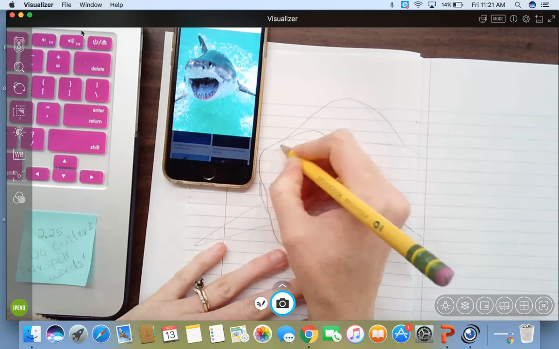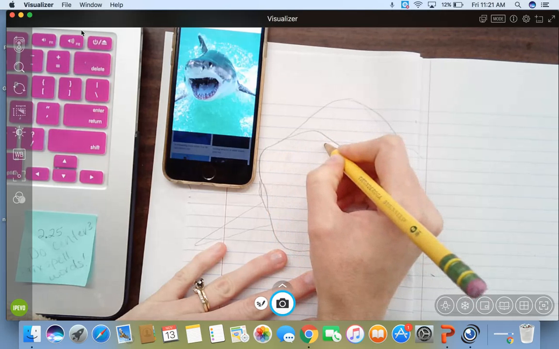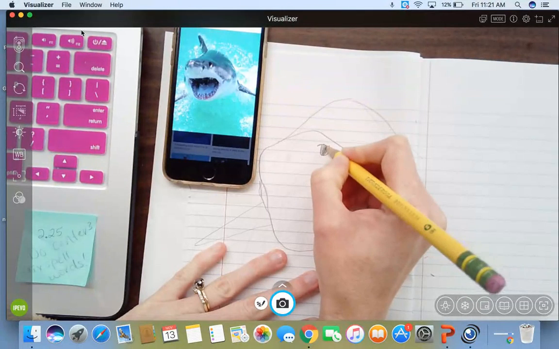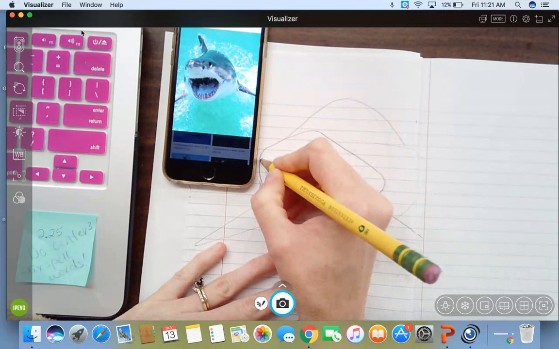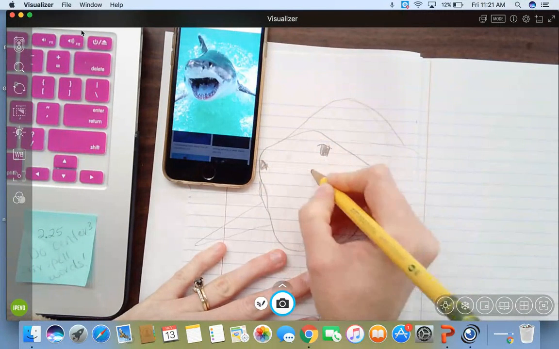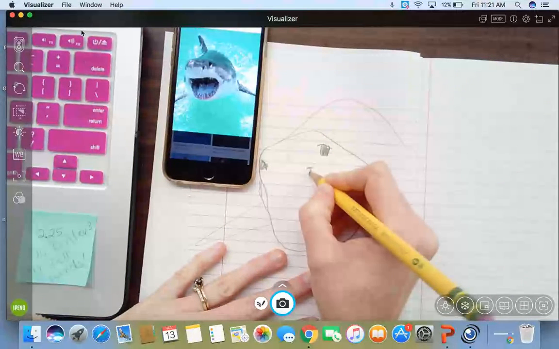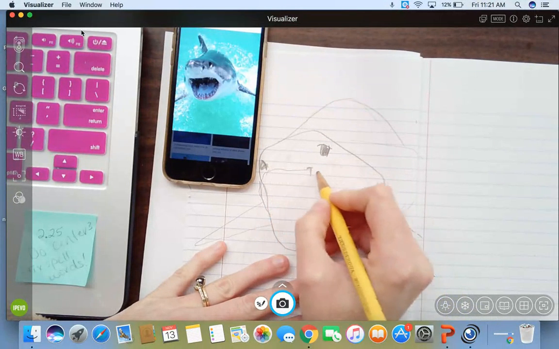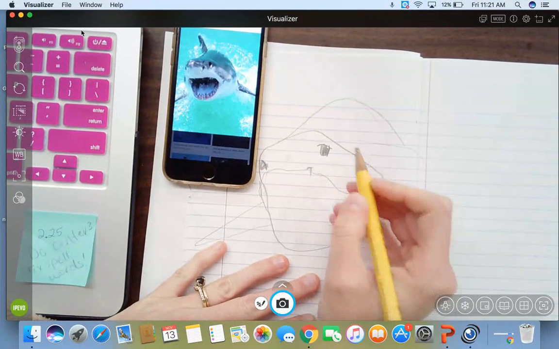Let's see. Okay, so the shark may end up looking totally goofy today. That's okay. You win some and you lose some.